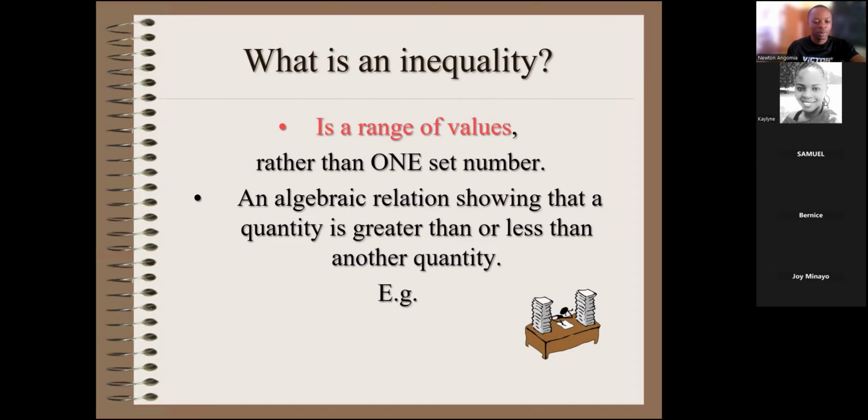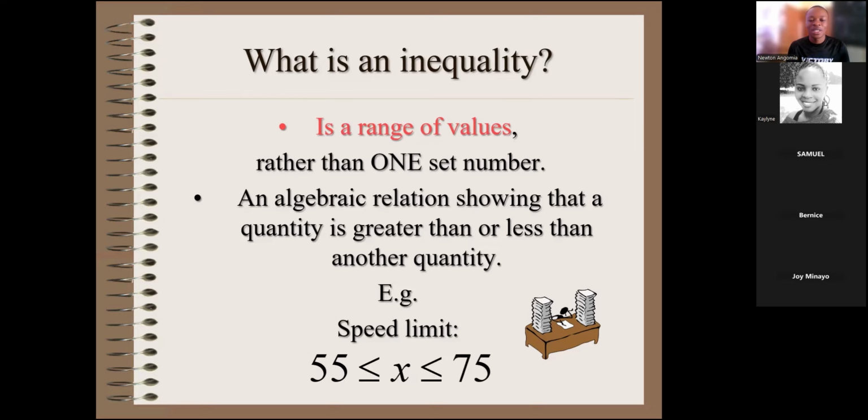Then I was taking them through an example. Here we have a speed limit. In real life, those traffic marshals or police normally look at the speedometers and say you have exceeded the speed limit. So if the unknown x is our speed, then sometimes it's supposed to be more than around 50 or 55 for your vehicle to be moving at the required speed, and it should not exceed 80.